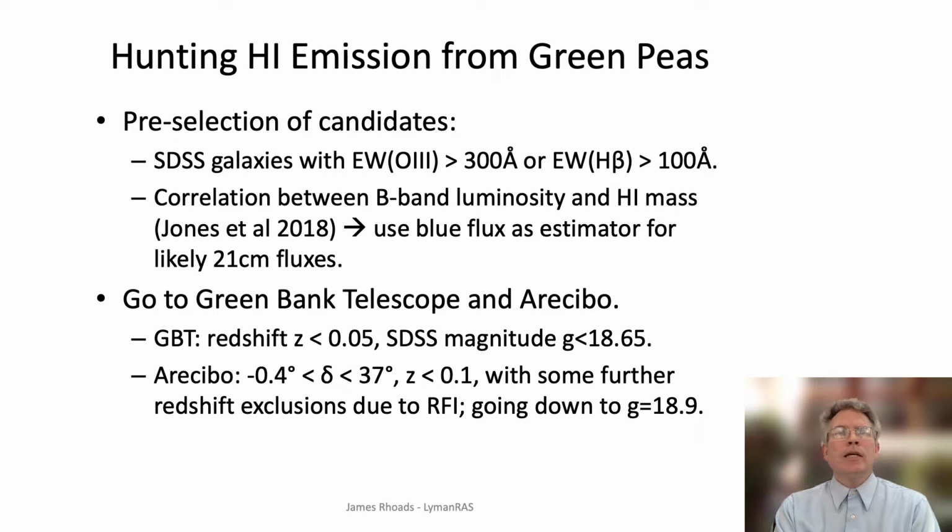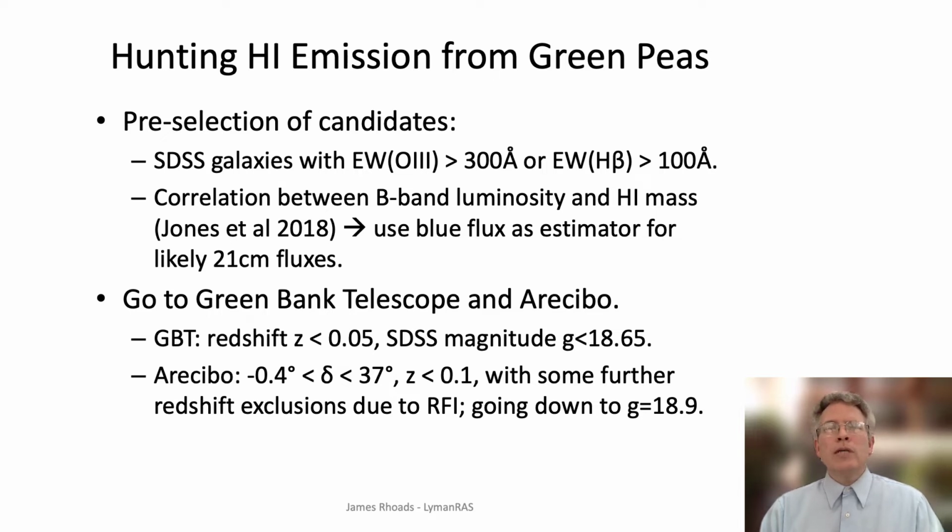This is essentially the selection that Huan Yang and Tianxing Jiang had gotten ready for our collaboration's earlier papers. The key thing here is Sloan spectroscopy and an equivalent width floor of 300 angstroms for the OIII line or 100 angstroms for H-beta. Either one of those being observed securely puts it into the parent sample for the work.